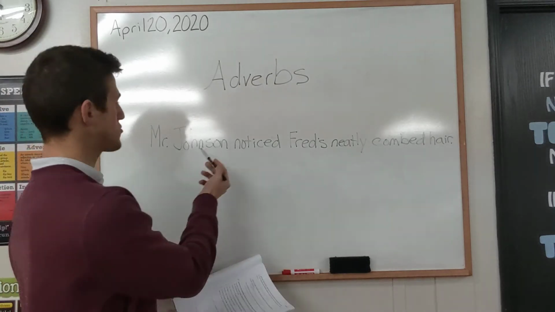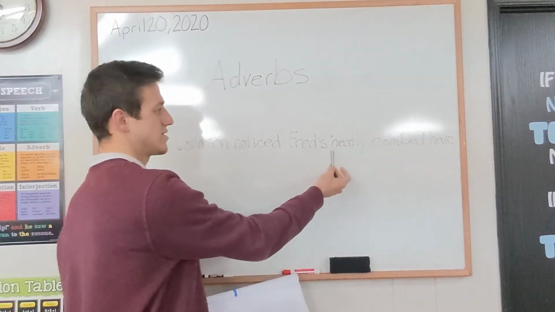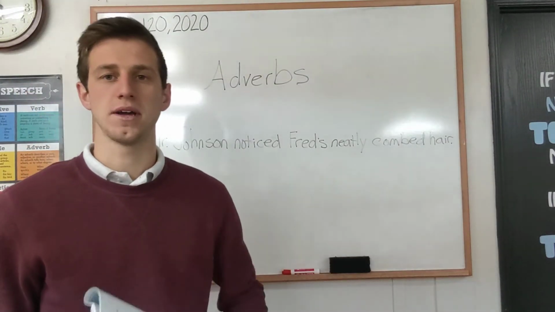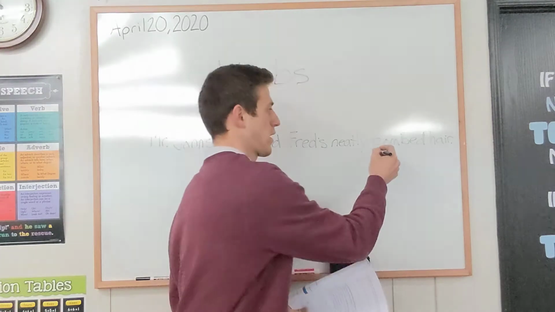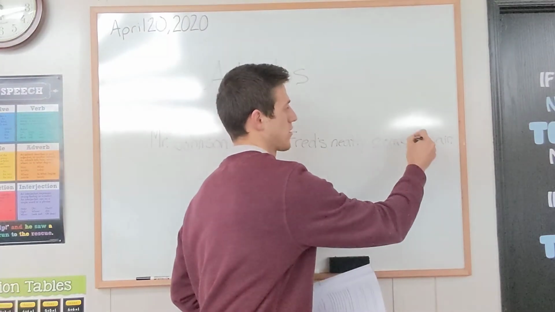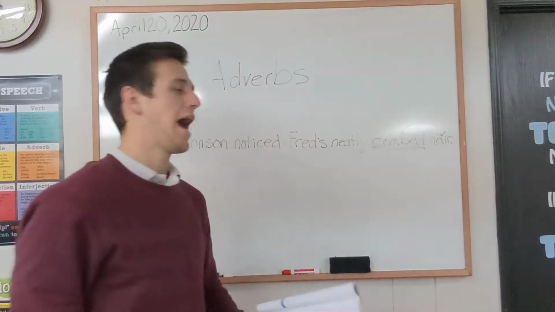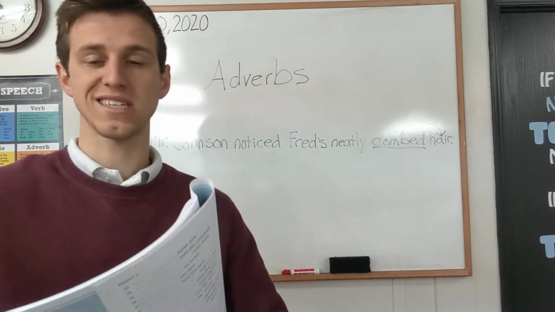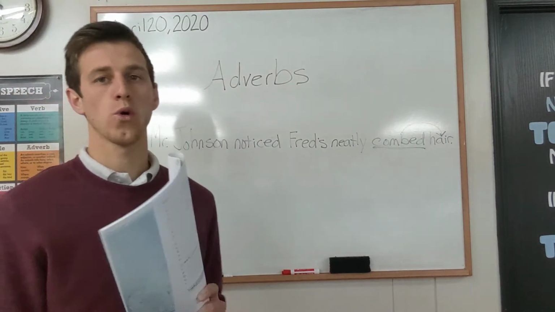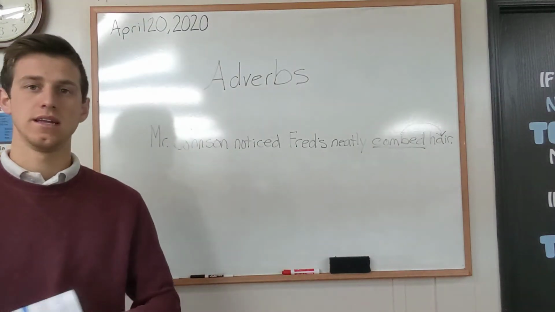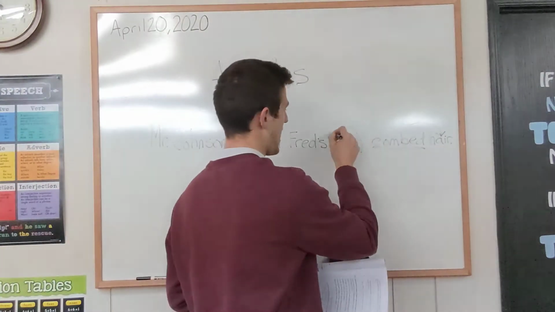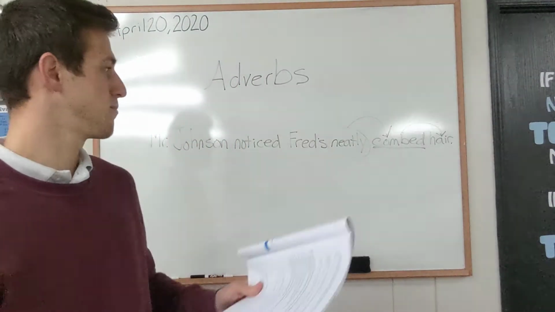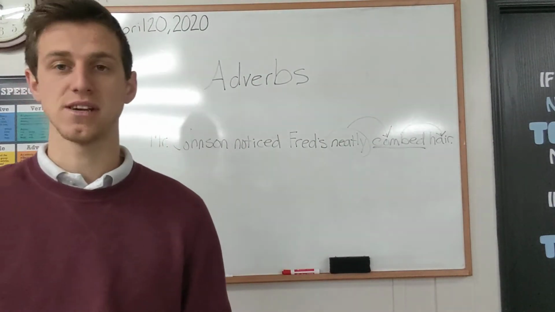So what is combed describing? Combed is describing our hair. It was combed hair, okay? And so if we would ask the question, how was it combed, or to what extent was it combed, what word would answer that? Neatly, right? So neatly is our adverb that is describing an adjective, okay? And it comes directly before the adjective that it describes.